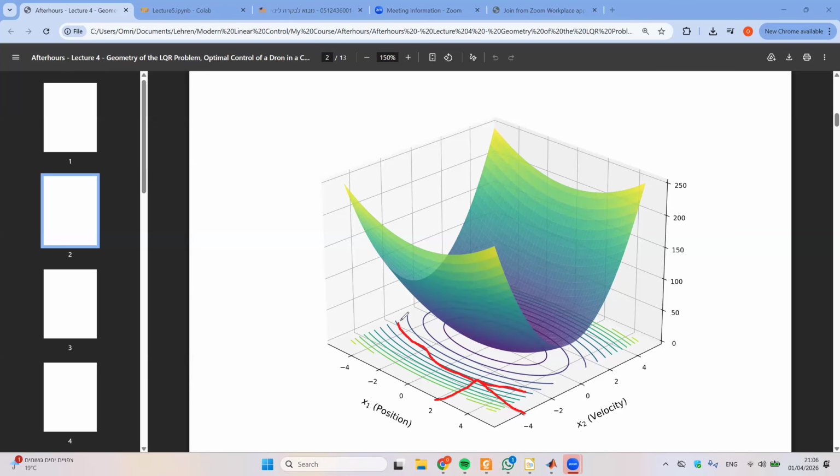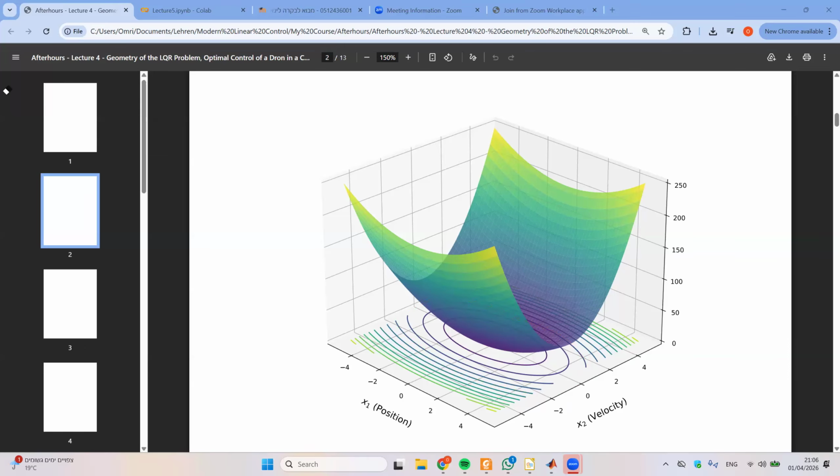And this ellipsoid represents all combinations of x1 and x2 which will yield some specific value in the function, which is the ball.